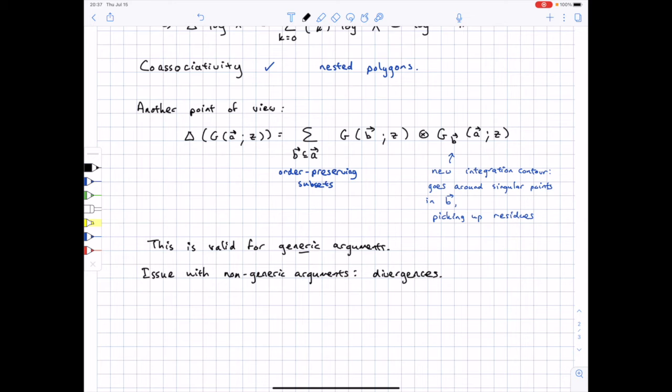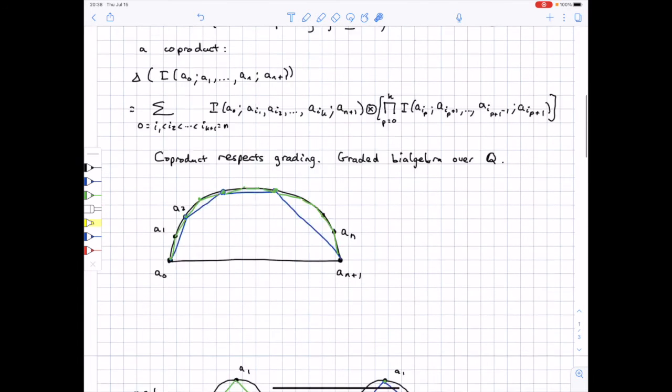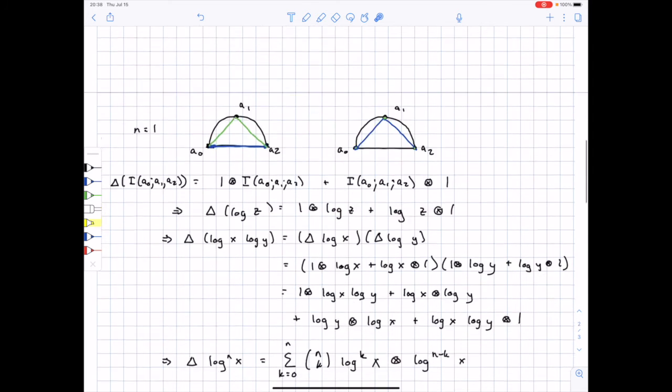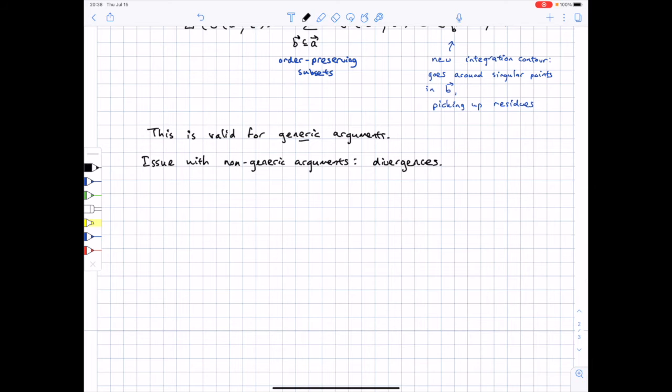But what's a bit more subtle and extremely important about this coproduct formula is that even if you are taking the coproduct of a multiple polylog that is not divergent, by the time you apply this formula, or perhaps the more concrete version here, it could happen that some of the multiple polylogs appearing in the formula are divergent even if the original one was not. So these can arise, so they're really unavoidable.